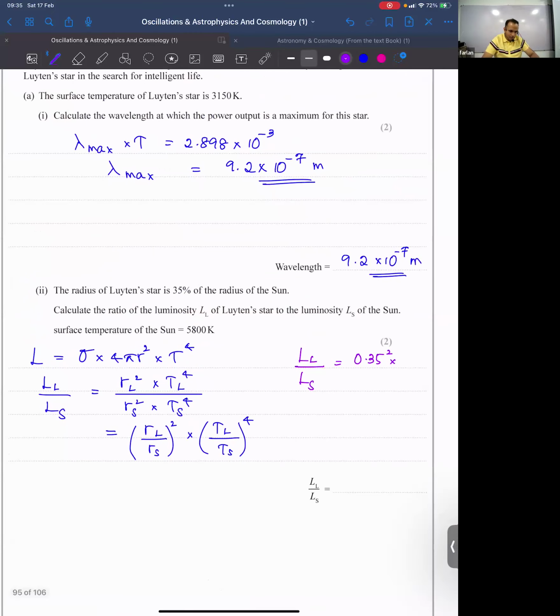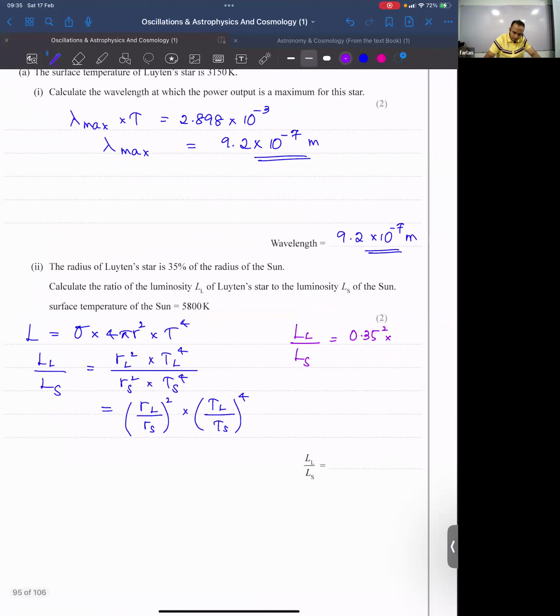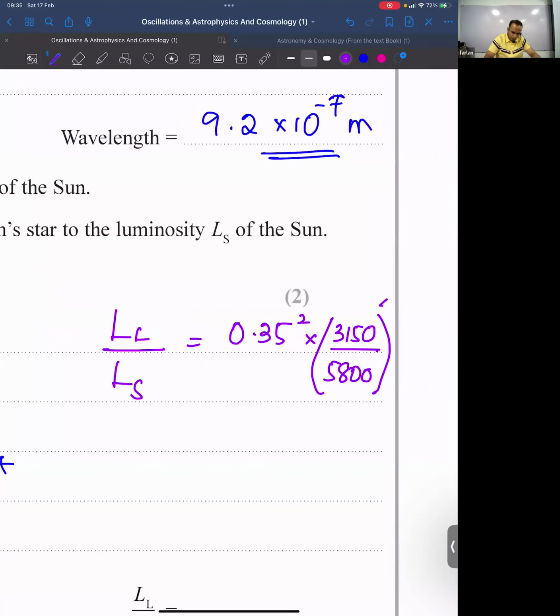TL, the temperature of lightning star, is 3150 Kelvin, over TS, the temperature of the sun, which is 5800, that to the power 4.